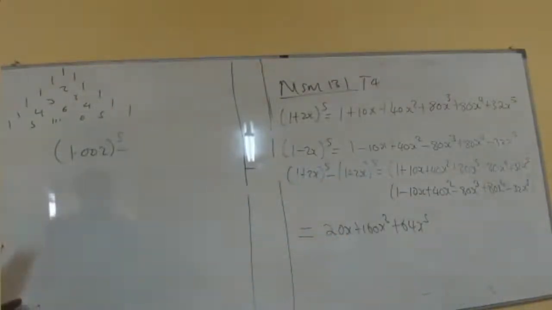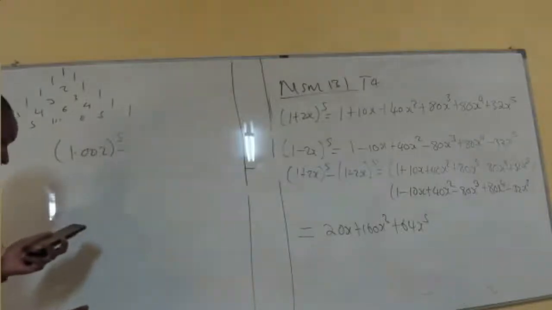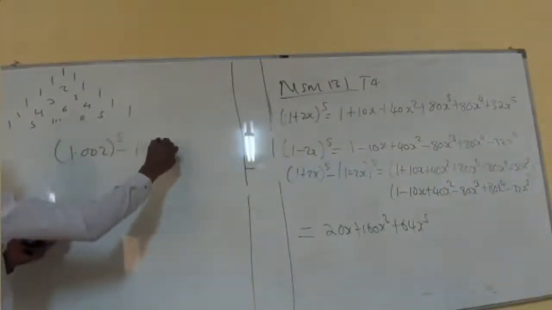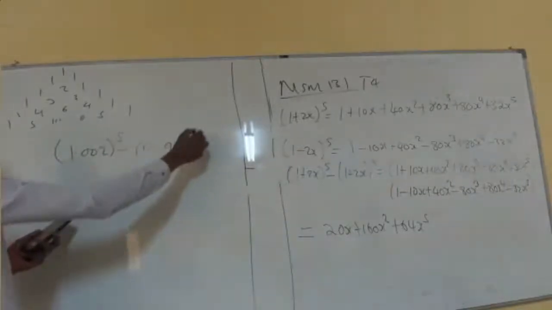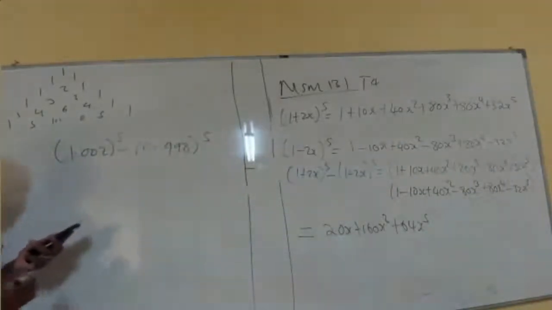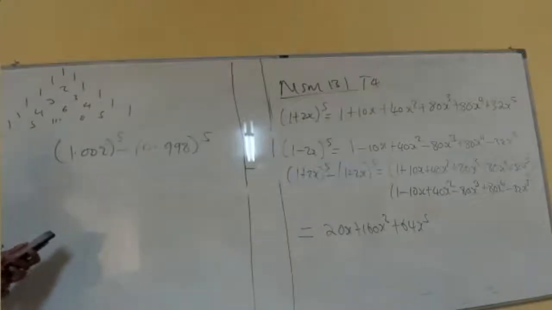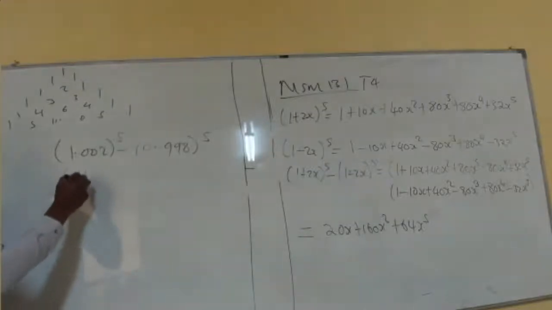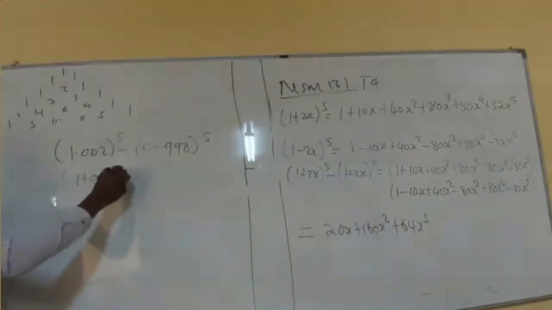Okay, so it says 1.002 to the power 5 minus 0.998 to the power 5, right? So 0.998 to the power 5. Now, this part is the same as 1 plus 0.002 to the power 5.